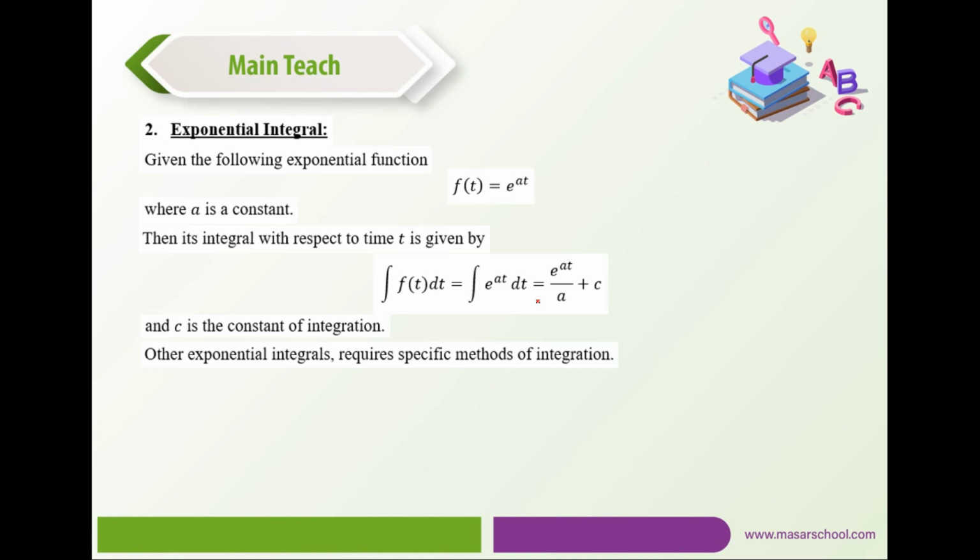Other exponential integrals require specific methods of integration. Similarly here, in contrast to the derivative, where we didn't put any conditions related to the inner function u, whether it's linear, quadratic, etc., here whenever we're integrating, the condition is that the inner function is only a linear function.